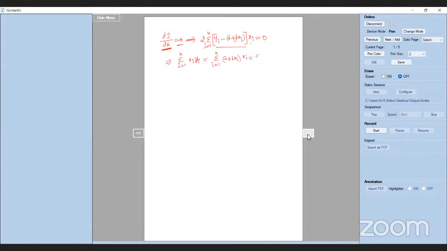Now we can write it as summation i equal to 1 to n a xi plus summation i equal to 1 to n b xi into xi, that is b xi square.